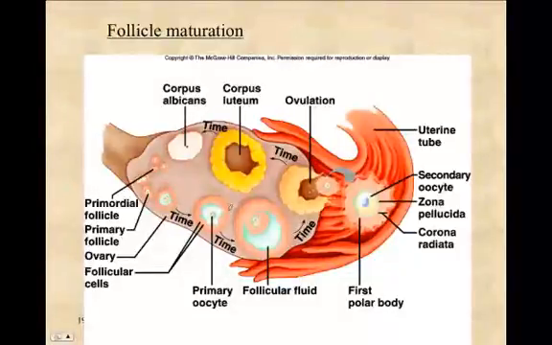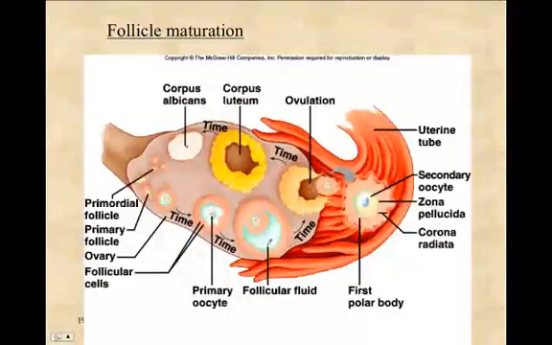They'll start to produce this fluid-filled cavity, and you can see eventually they will develop into our secondary follicle. And that secondary follicle will continue to develop. So the follicle cells are continuing to divide, and this area is getting larger, and this fluid-filled cavity is also getting larger.